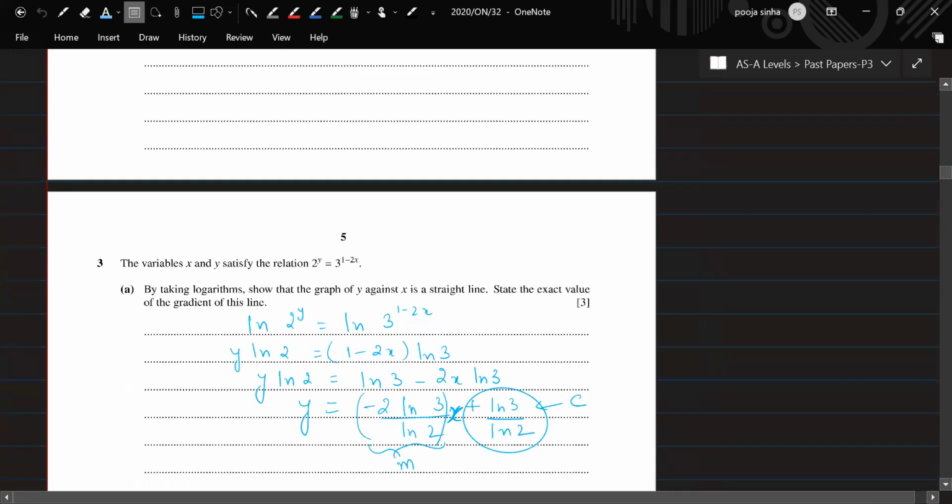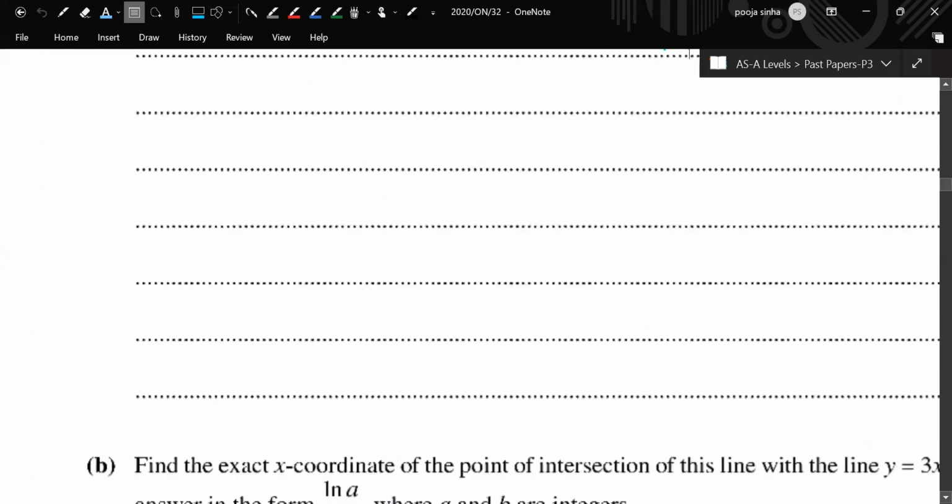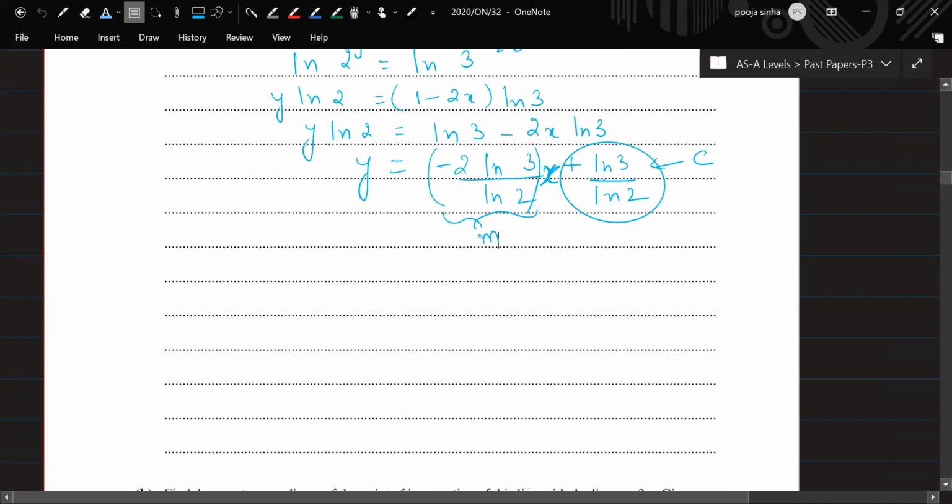Can you just make the table once, the one for the previous line? For the previous one, first tell me the exact values. What is the value of m, what is the value of c? After calculating this whole thing, what did you get? ln 3 upon ln 2 into -2. ln 3 upon ln 2 is 1.58, into -2. Do that also. No, I'm talking about c only.